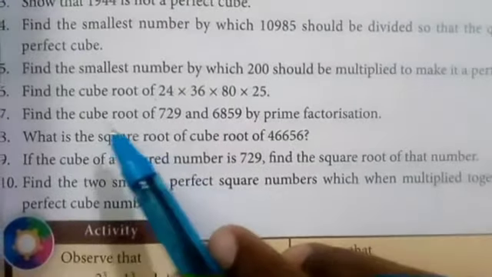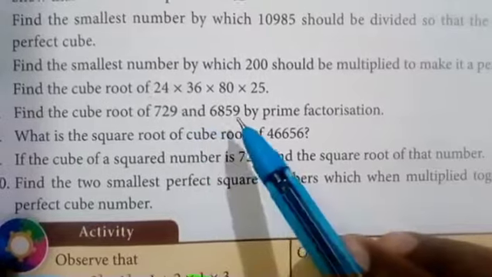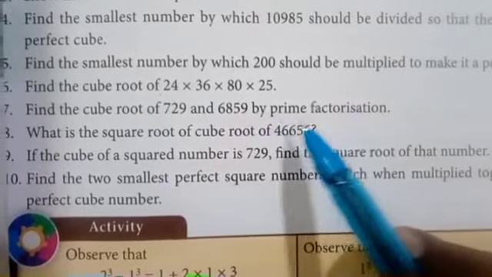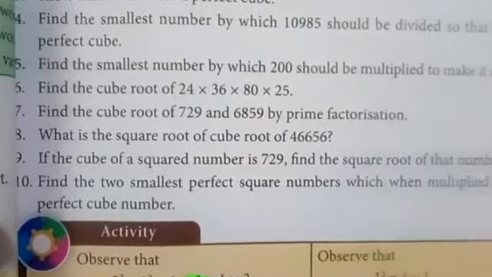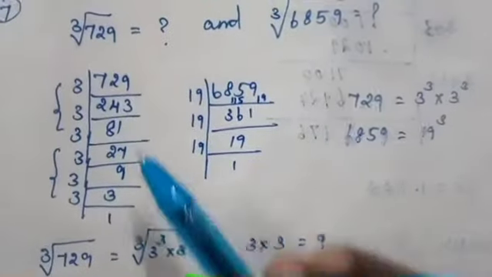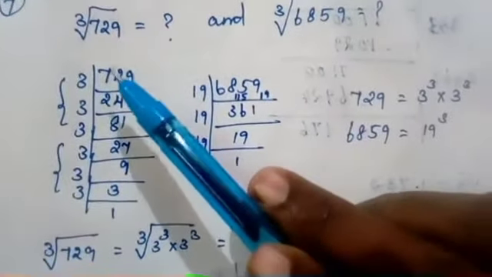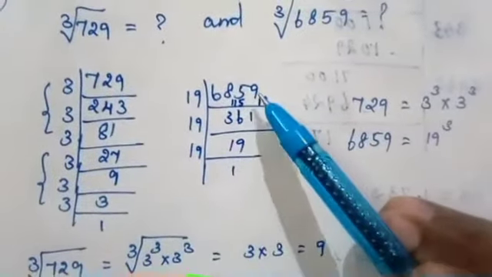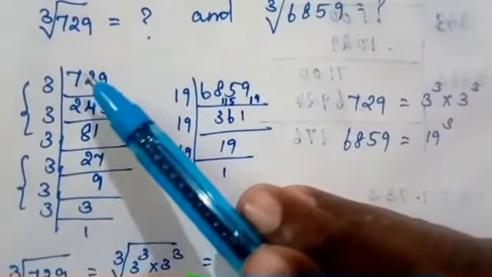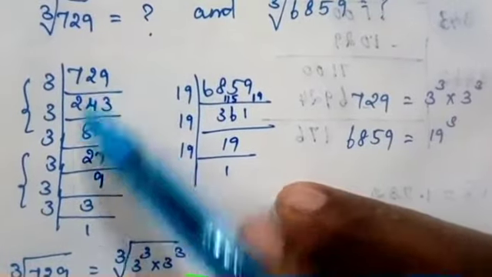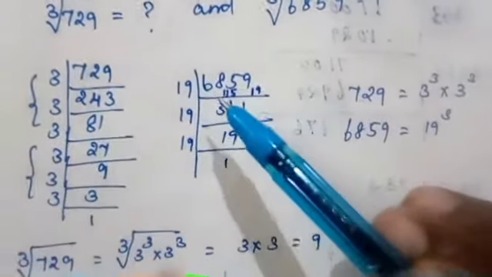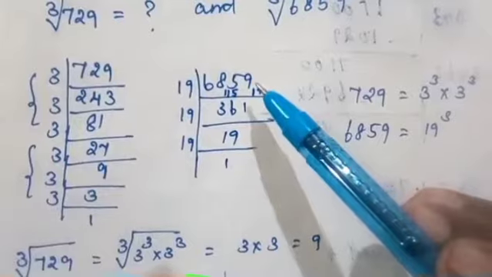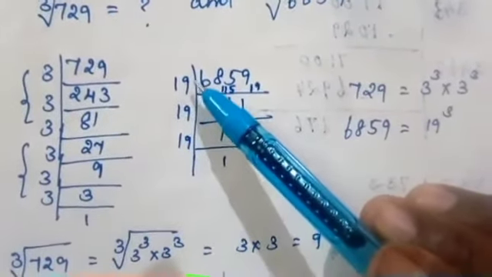Seventh question: find the cube root of 729 and 6859 by prime factorization. You have to find the prime factorization separately. First for 729, then 6859. Use the prime factorization method the same way as normally. For 6859, the factor is 19.